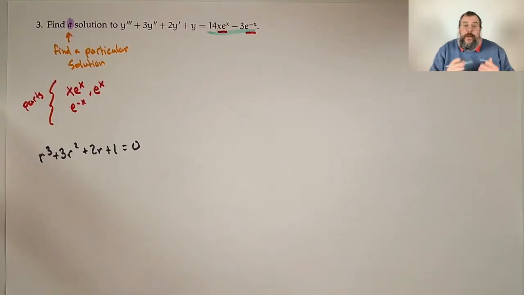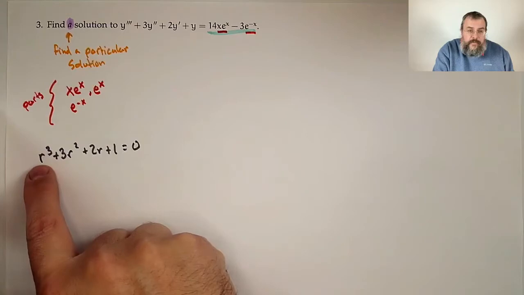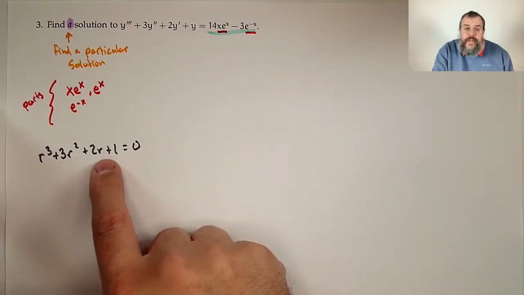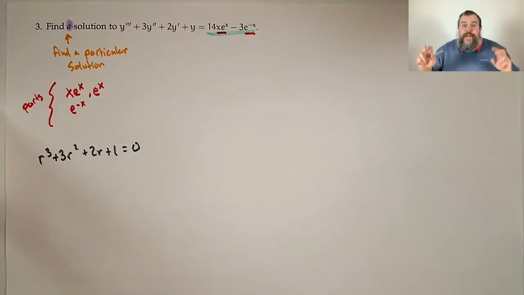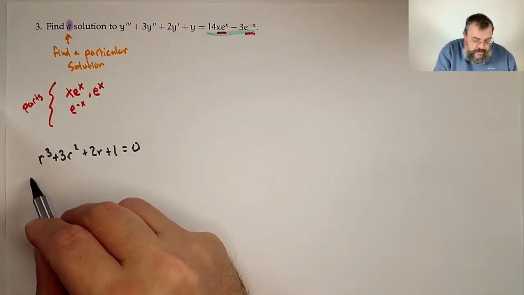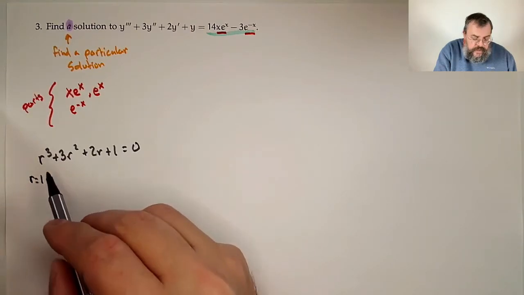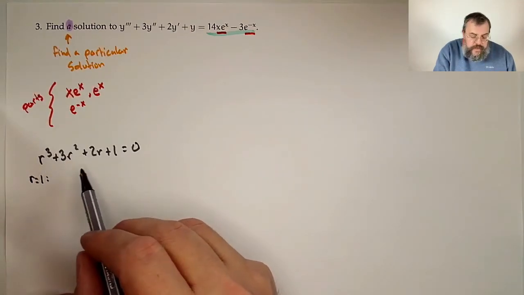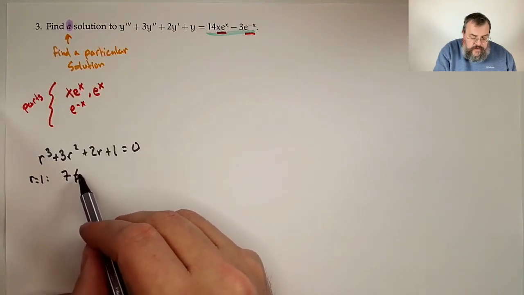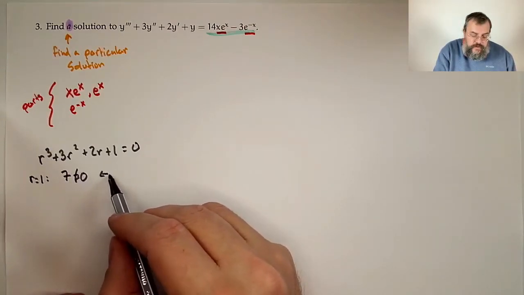And in fact, there's this beautiful rule that says if it does factor nicely, you can figure out the possible nice roots by looking at what's in front of the leading power and what's in front of the constant. Well, since they're both 1s, the only nice roots are 1 or minus 1. Notice if you plug in r equals 1, you get 1 plus 3 plus 2 plus 1. You get 7. Well, that doesn't equal 0. So 1 is not a root.